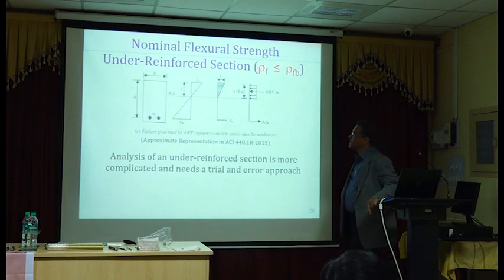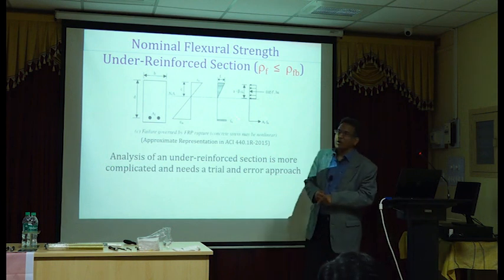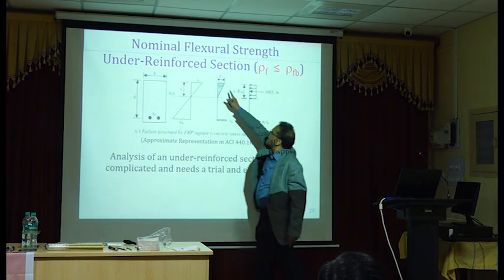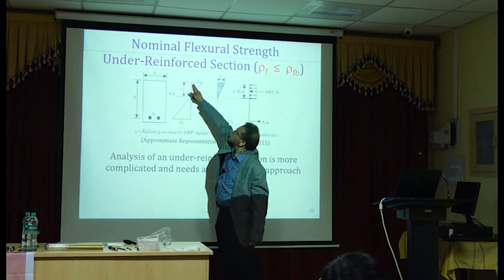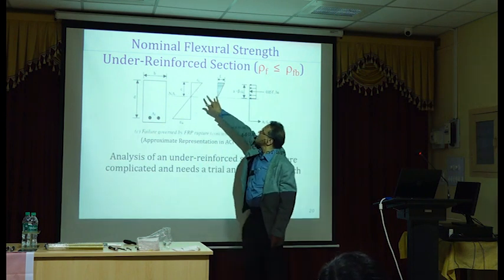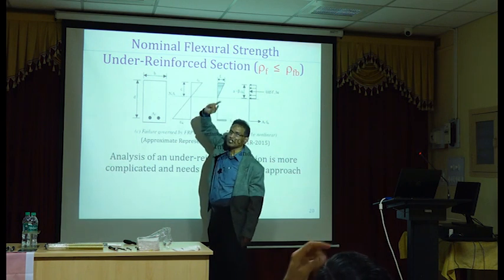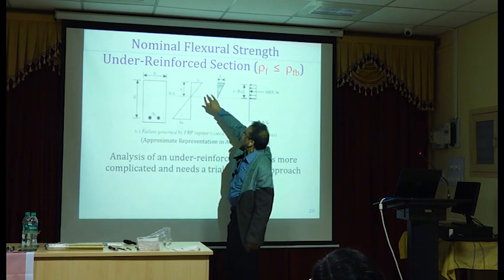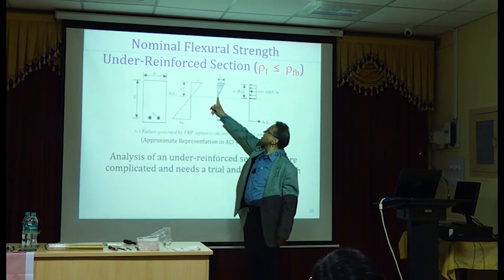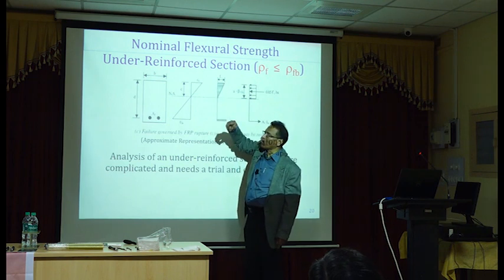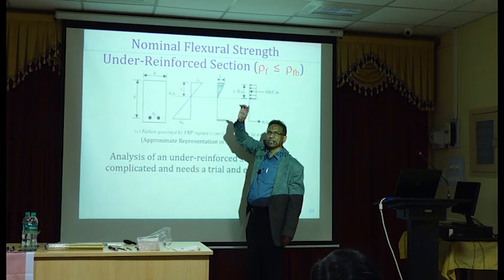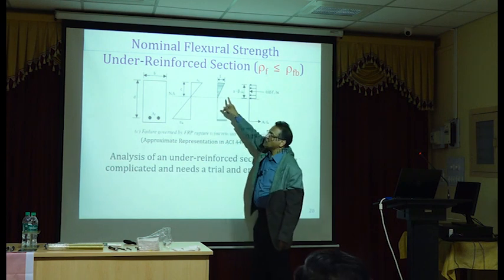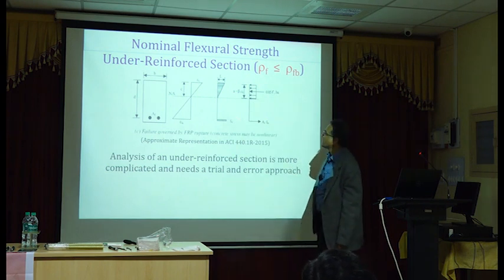What about under reinforced condition? For under reinforced condition, ACI gives us an approximate equation. Remember I said, this one here is not 0.003 or 0.0035, it's highly likely it will be less than 0.003, in which case the stress block can be triangular or parabolic plus the rectangle like in IS 456, or it can be just a square rectangle like in ACI 318.